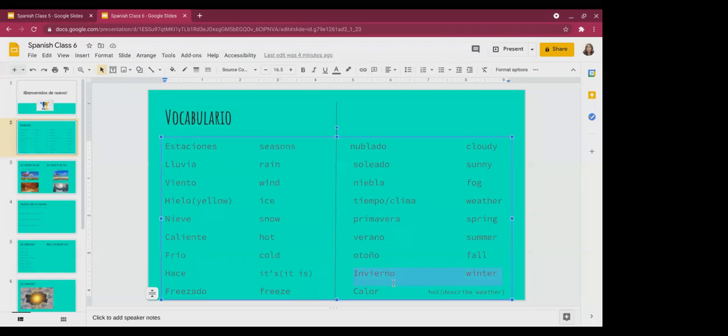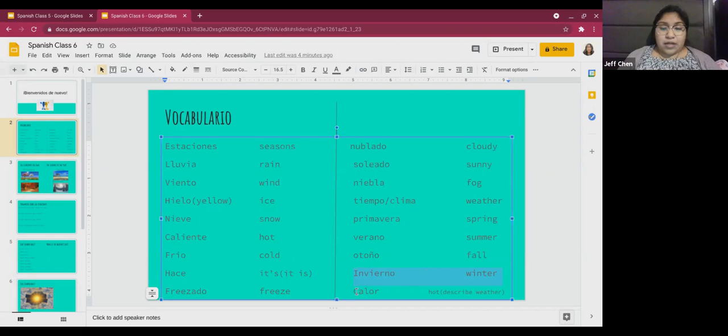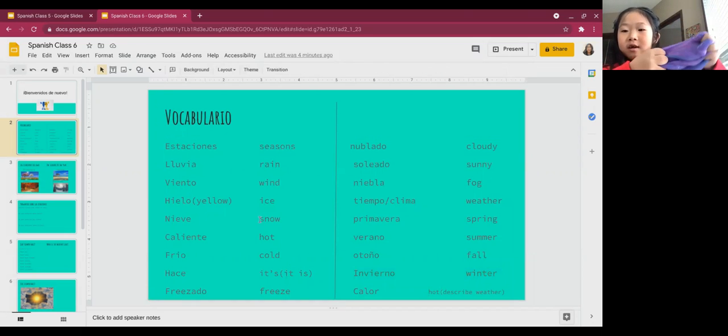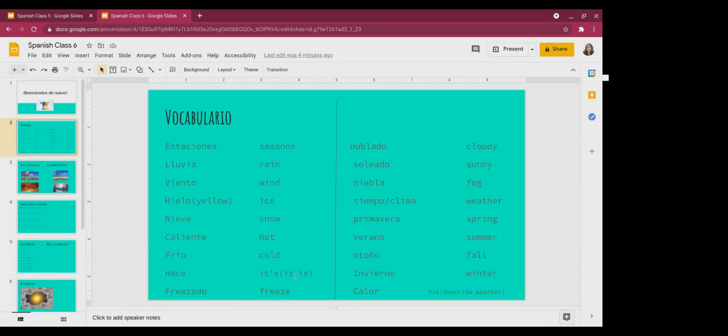Then it's calor, right? Hot. Calor. Muy bien. Okay, so now the next slide. It looks like we are missing the warm weather. We have cold, but we don't have the warm.